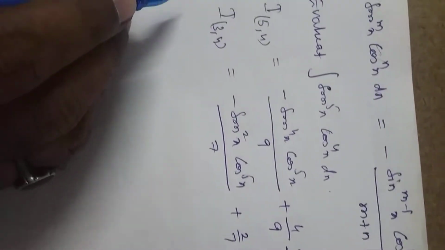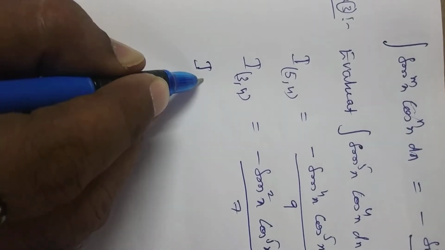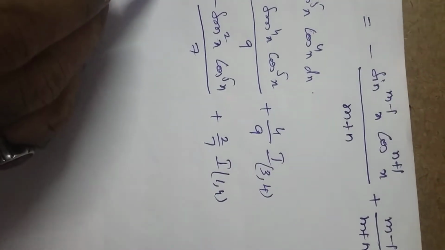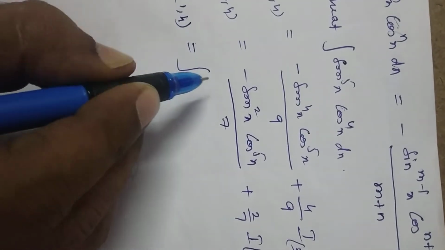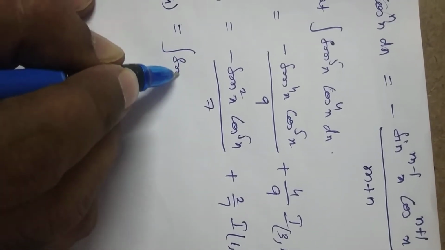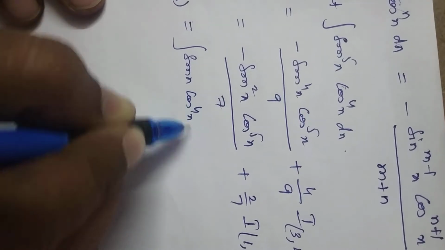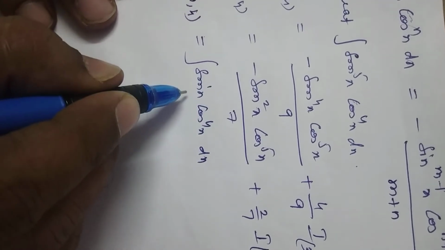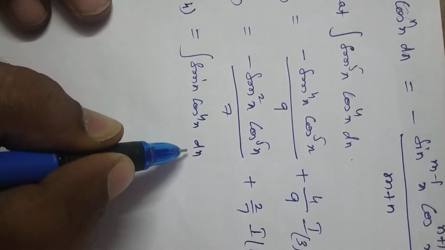So here, I(1, 4) is what? Don't substitute in the formula. I(1, 4) is the integration of sin x into cos^4 x dx.